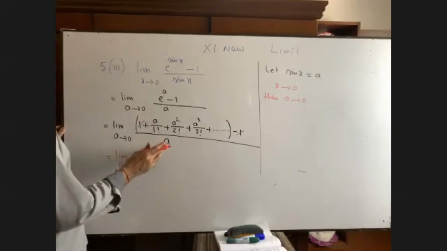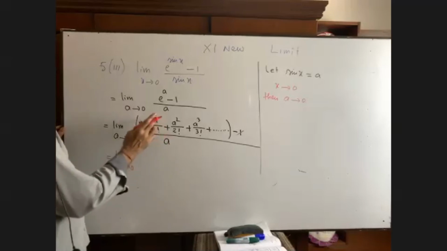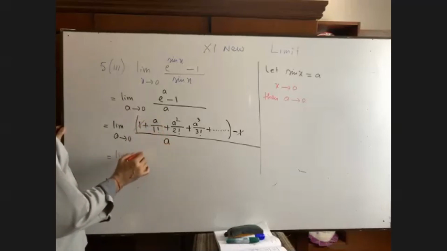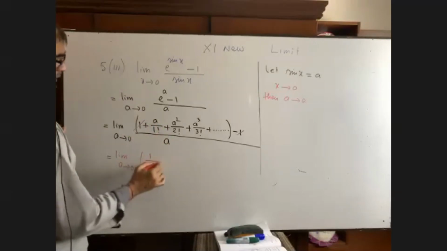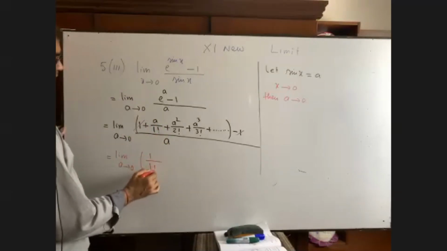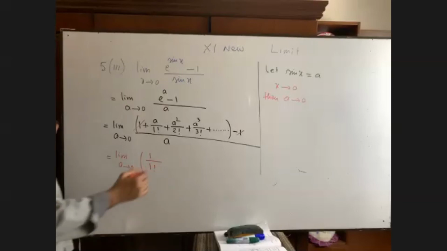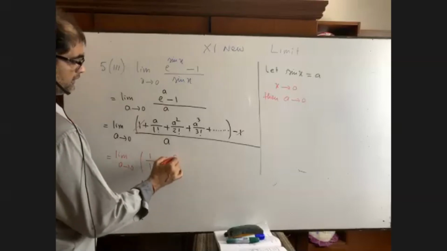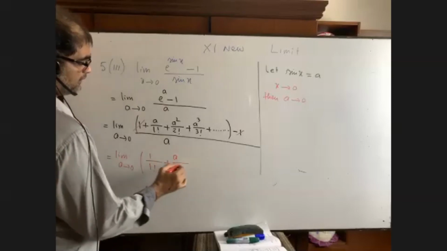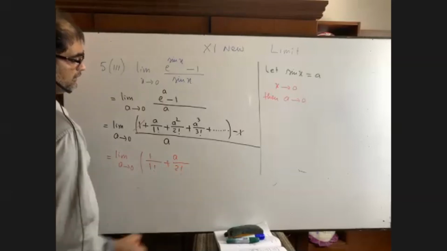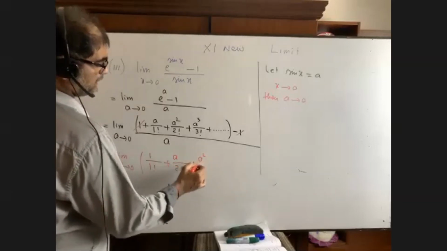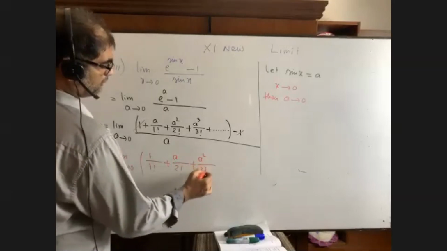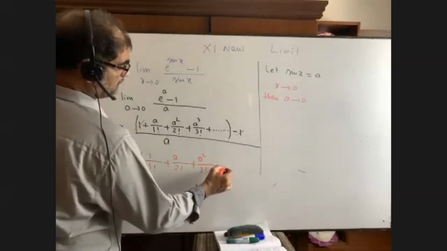If we calculate here, a will be omitted, so we will be left with 1 by factorial 1 plus a by factorial 2 plus a square by factorial 3 plus dot dot dot.